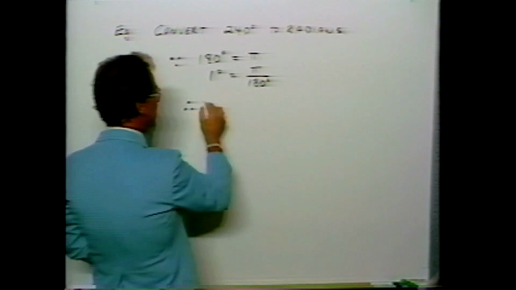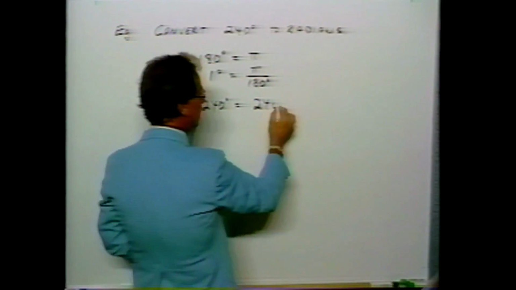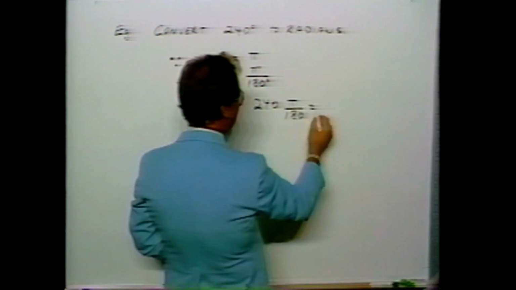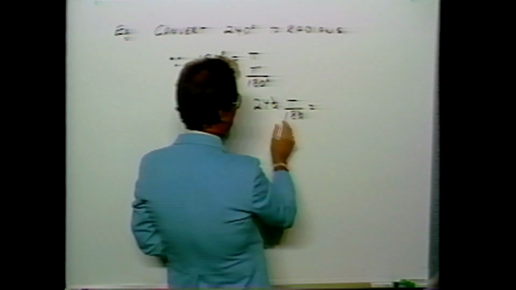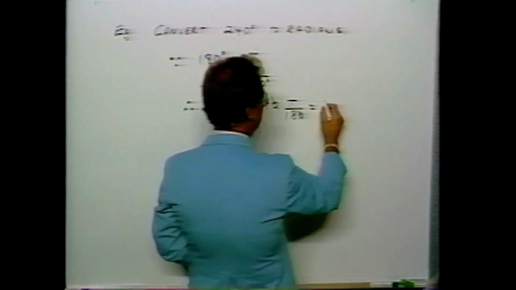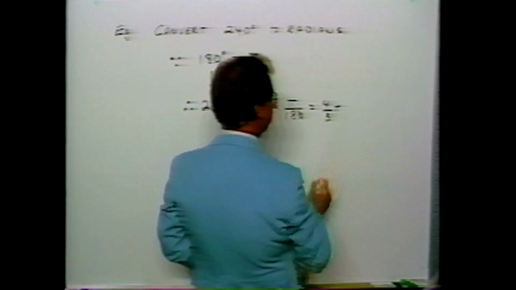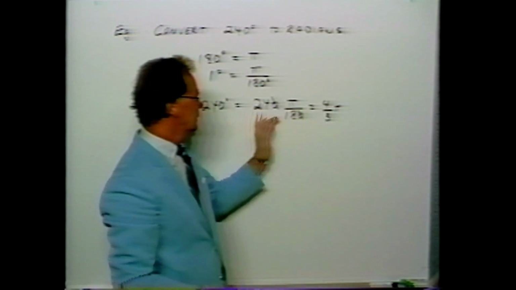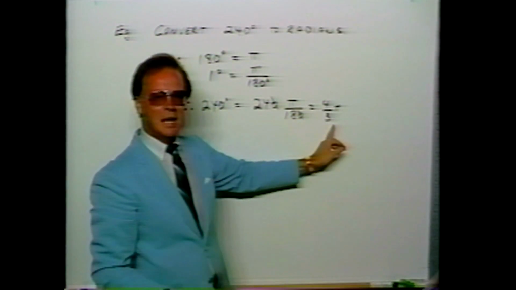Therefore, 240 degrees is equal to 240 multiplied by pi over 180, and that is equal to 4 over 3 pi, or 4/3 pi. If we leave pi as the symbol in the answer, then you have an exact solution.